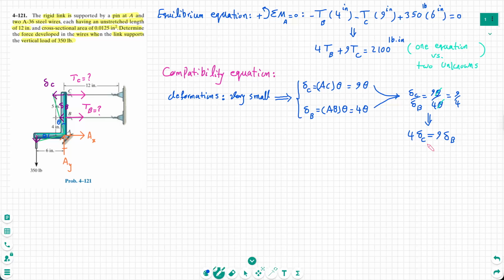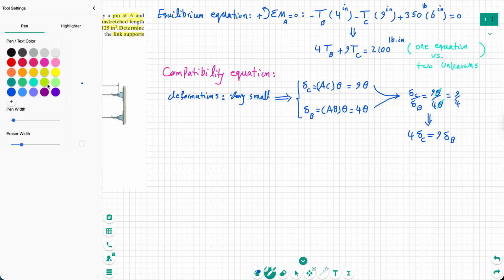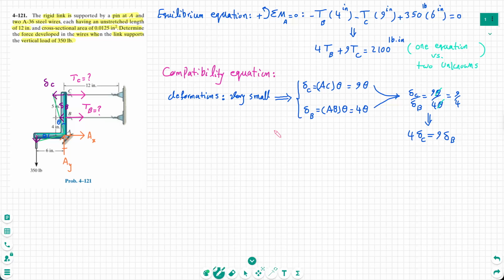To find the extra equation, I have to work with the formula that we had for the axial displacement. If you remember from Hooke's law and axial loading, we can write this formula for delta C. Simply, I can say the deformation of this wire is delta C, and the deformation of this wire is TC times L over E times A. L is the same 12 inches.